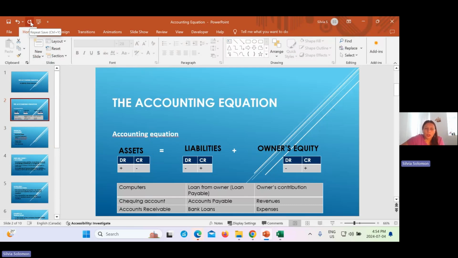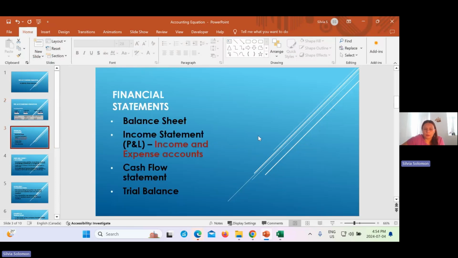So just remember those notions a little bit because we're going to speak very briefly today about income and expenses. The other two statements that we are going to discuss later are the cash flow statement and the trial balance.